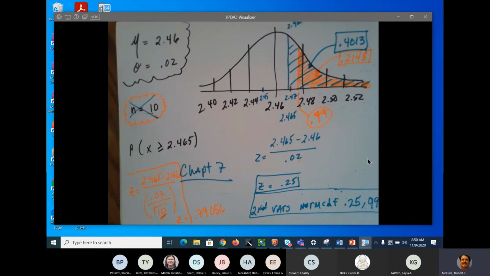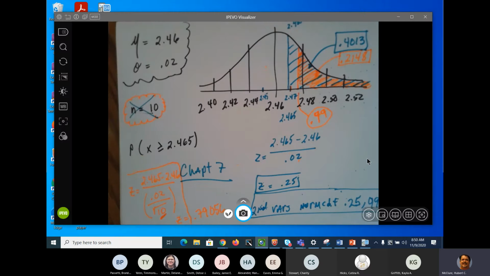So our orange area is basically 21.5%, or 0.215 or 0.2148.